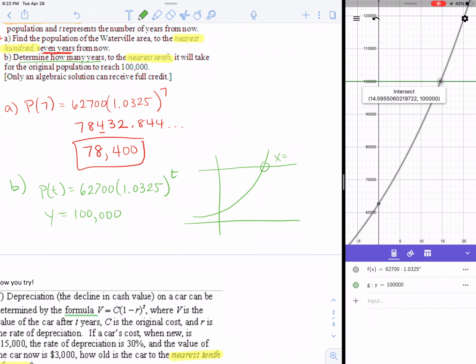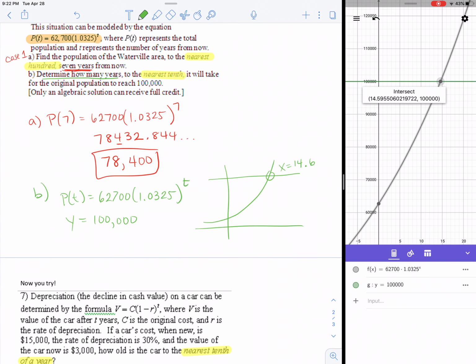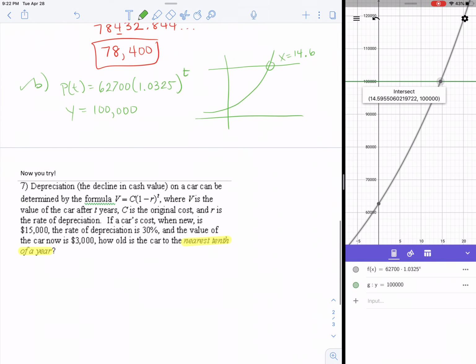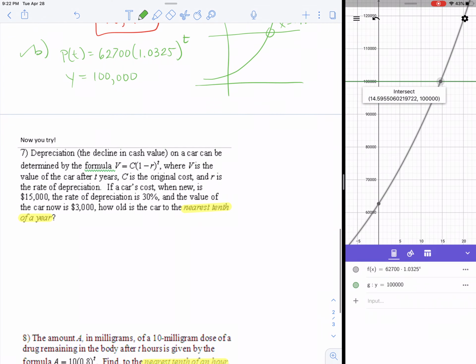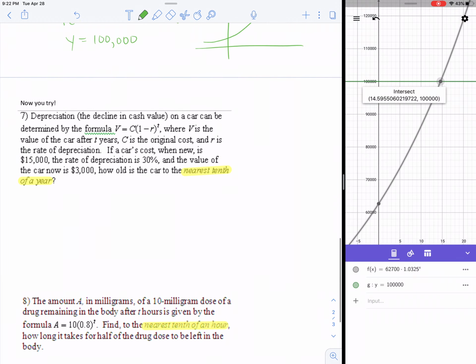X equals, or t equals 14.59, so the nearest tenth is 14.6. And that's our answer. So this is a good last problem to do together because we see a case 1 and a case 2 type of problem. These are case 2 asking for time.